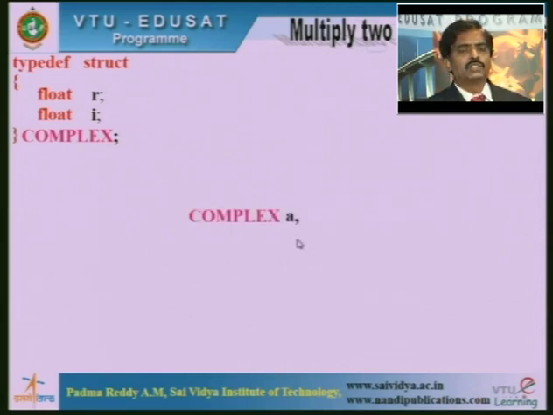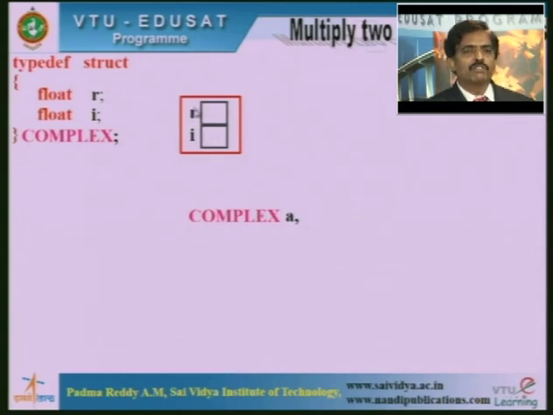Now, as usual, again I say A is of type complex, meaning memory will be allocated for the real part, memory will be allocated for the imaginary part, and these two memory locations R and I, we call them fields, can be accessed using the variable A. Now if I say complex B, what will happen?